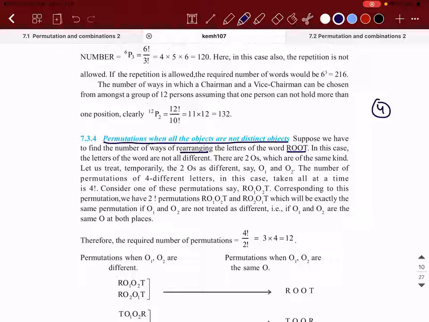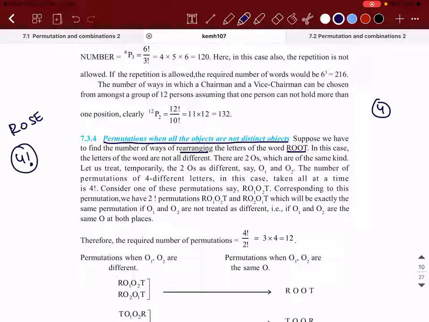Those 4 letters should be arranged among themselves. Where in this case, what is happening? There is a repetition of a letter. What is that letter? It is O. So had the word been ROWS, and if you need to arrange the letters of ROWS among themselves, how many ways can you do it? You can do it in 4 factorial ways.